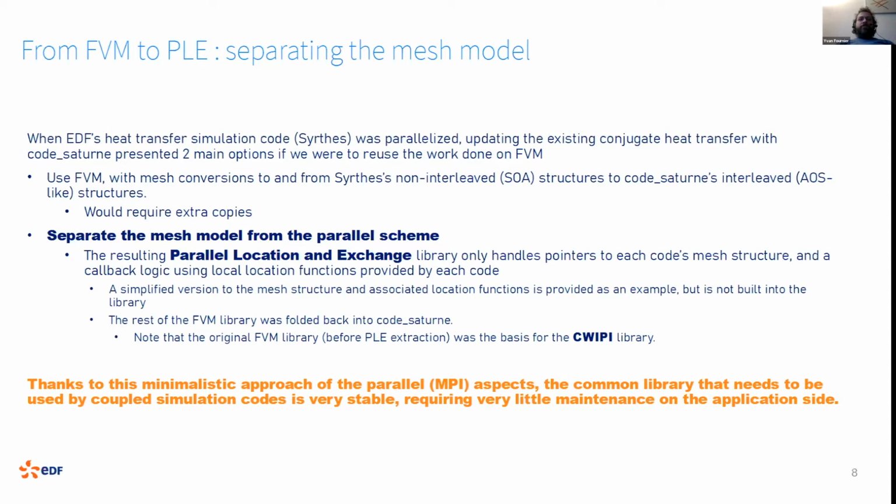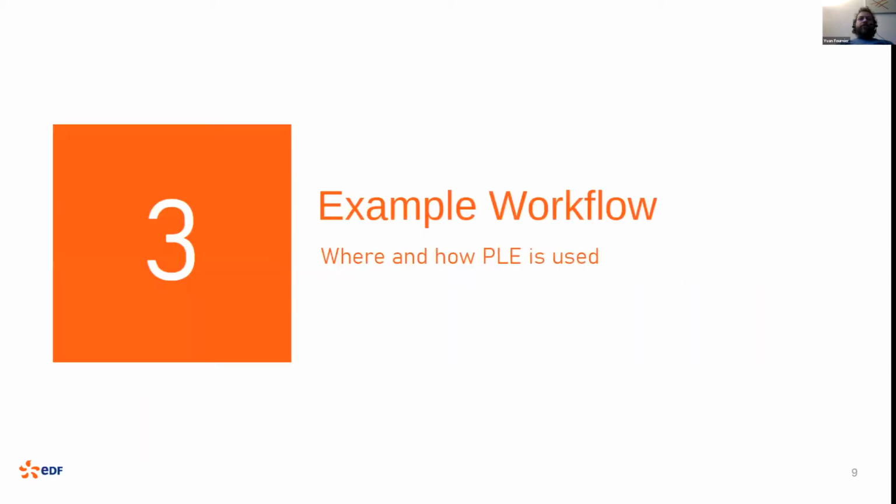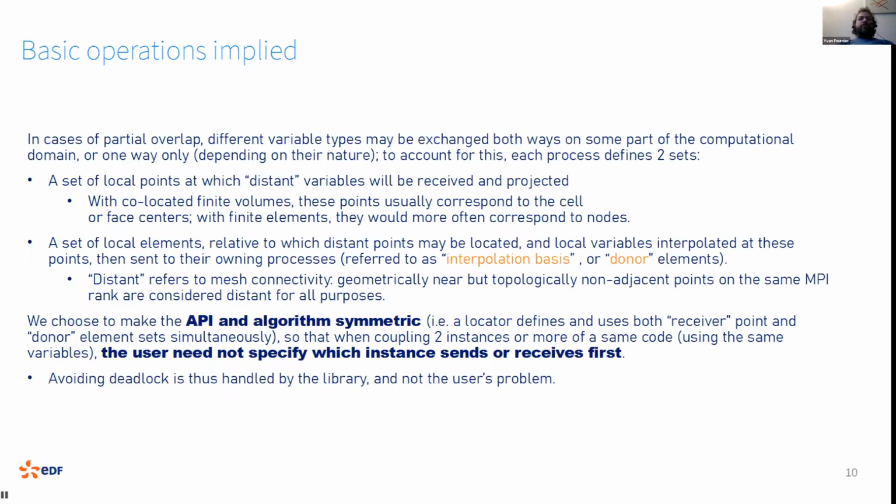Either we do extra copies, or we separate the mesh model from the parallel scheme. So that's where we extracted the communication scheme into PLE and considered that all the data model aspects of the mesh model would be based on a type of callback logic. That's basically where we arrived at the current architecture. I'll go a bit faster.